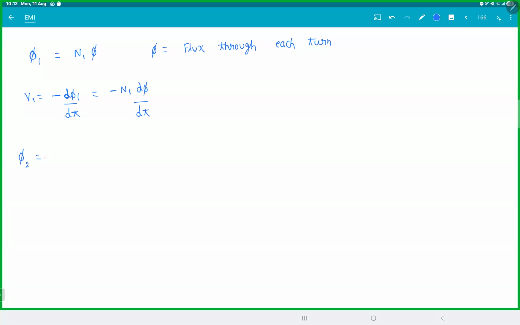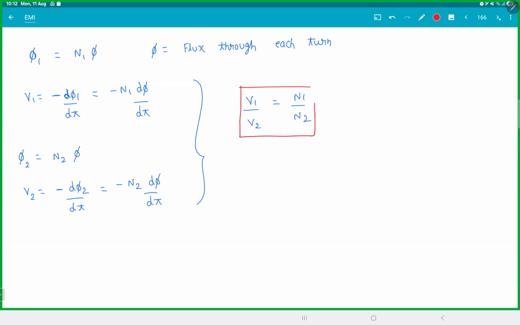Flux 2 will be N2 into phi. If you divide them, you end up with V1 by V2 is equal to N1 by N2. There, that's our first formula. This is how the voltage will vary based on the number of turns.